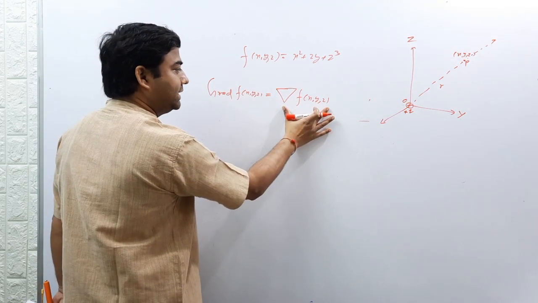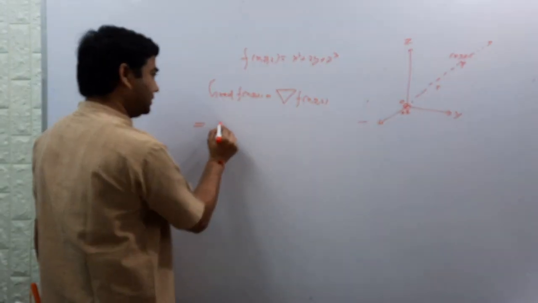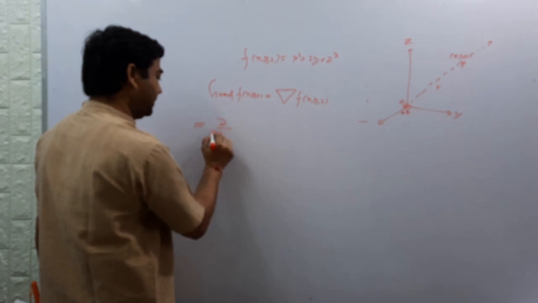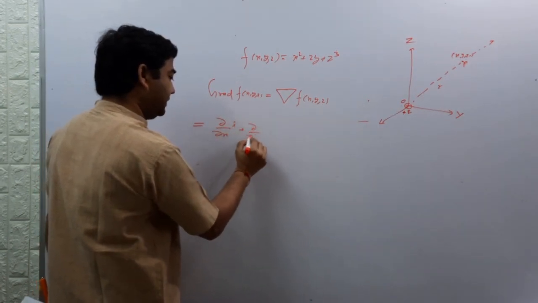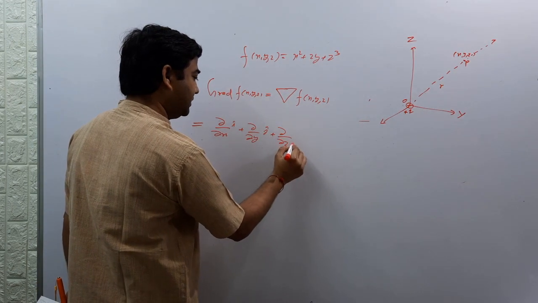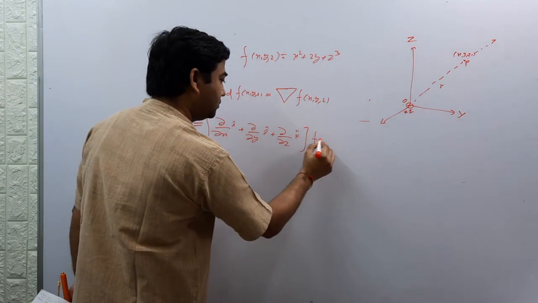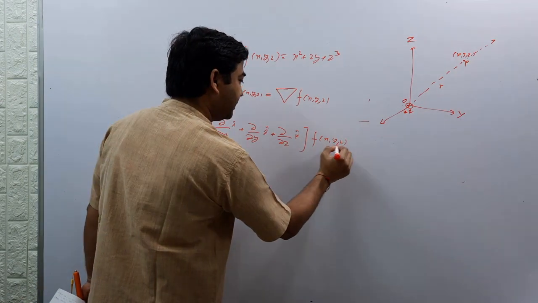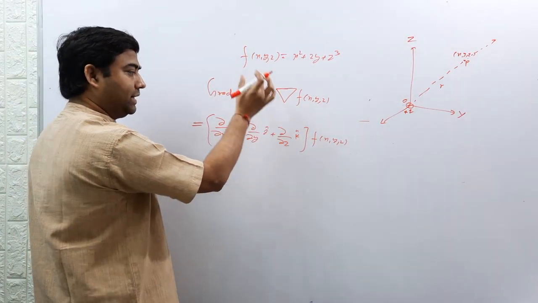So how will this expression be expanded? It can be written as del/del x i plus del/del y j plus del/del z k into the function f(x, y, z). That is the definition of grad.